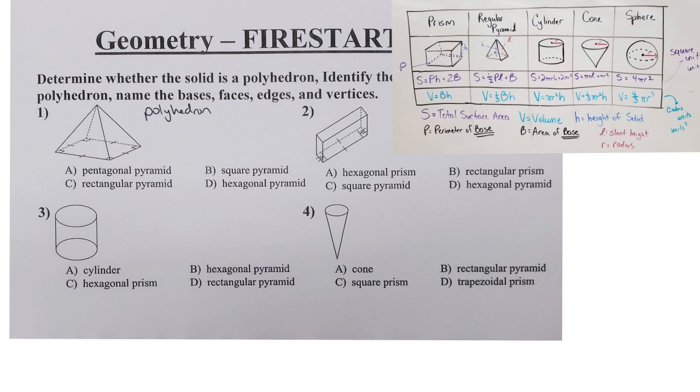The base is this purple rectangle. Right? Now, a pyramid has one base connected to one point. So, this is definitely a pyramid, and I see that all 4 sides are congruent on the bottom.